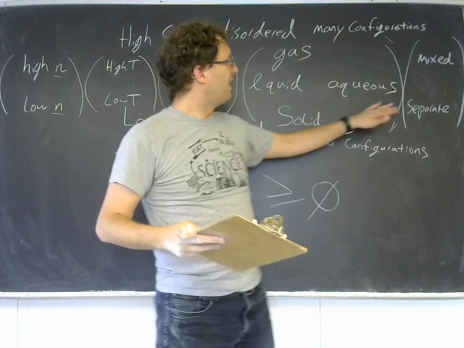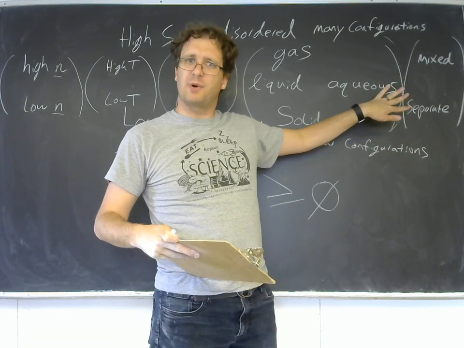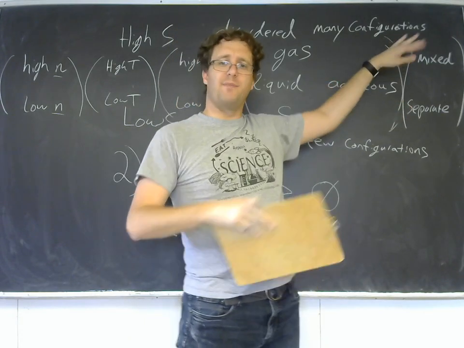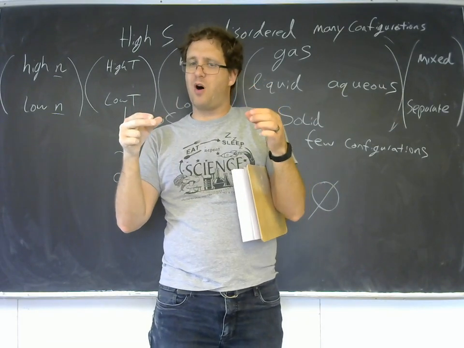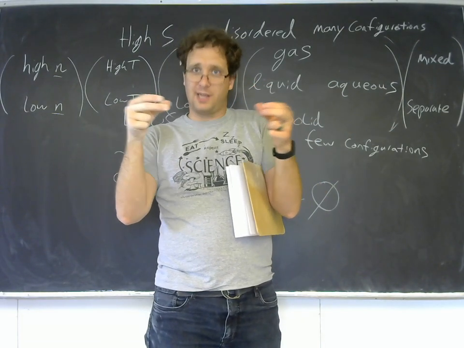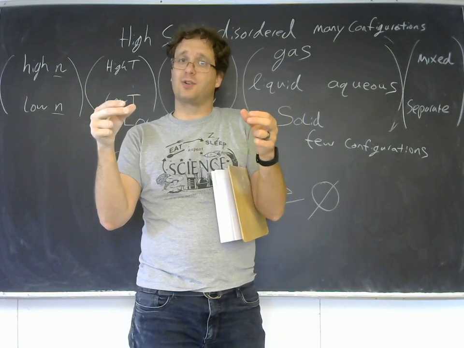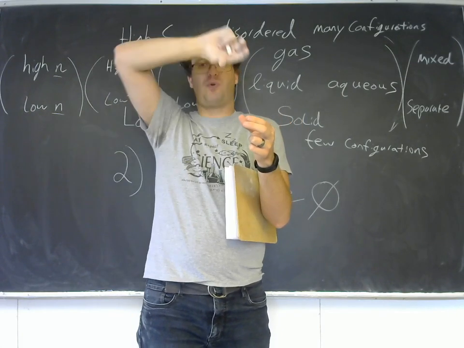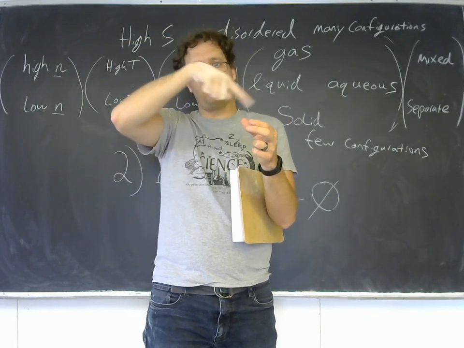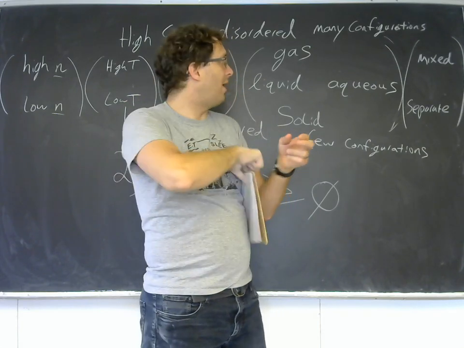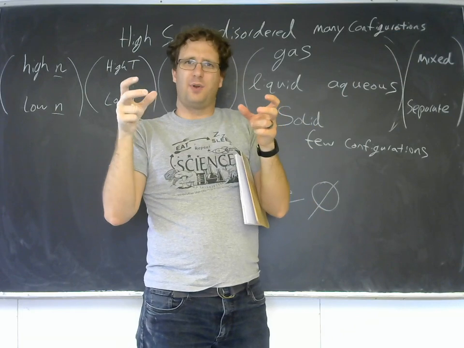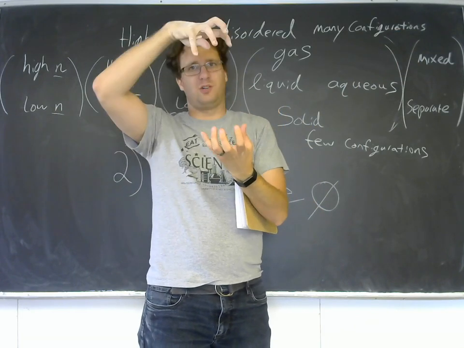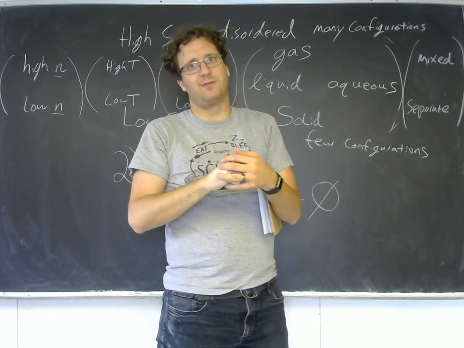So if you have things that are separated versus things that are mixed. If I have one beaker of ethanol and one beaker of water, then together, collectively, they'll have a certain amount of entropy. But if I just pour them into one another and allow them to mix, now they'll have a higher entropy. You can think of it as now they both collectively occupy the summative volume of both of them.